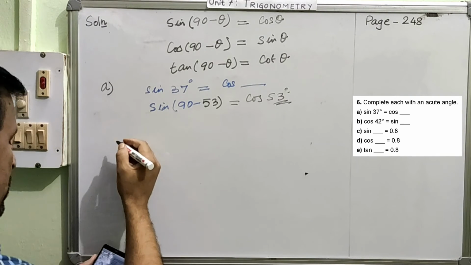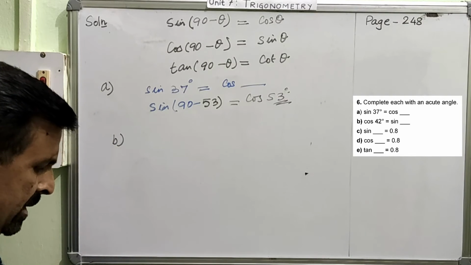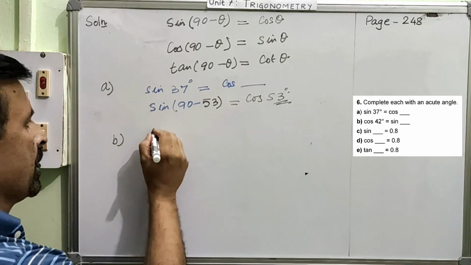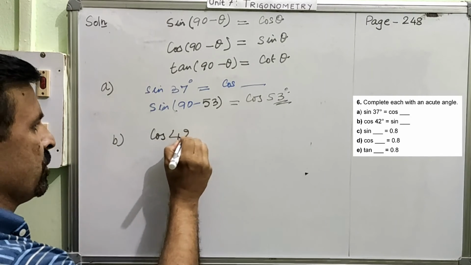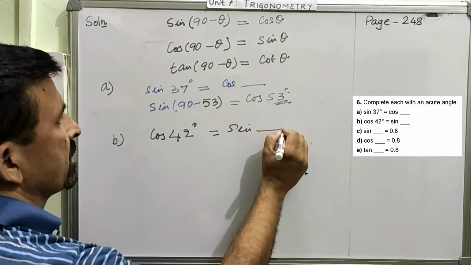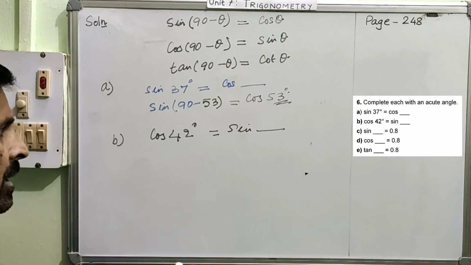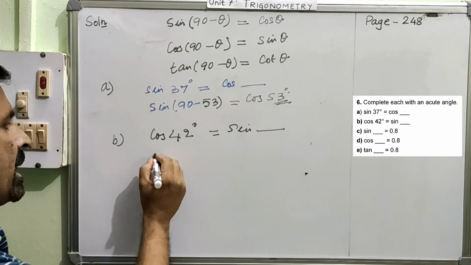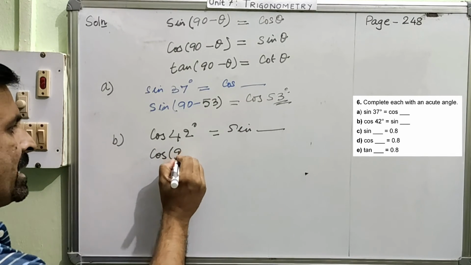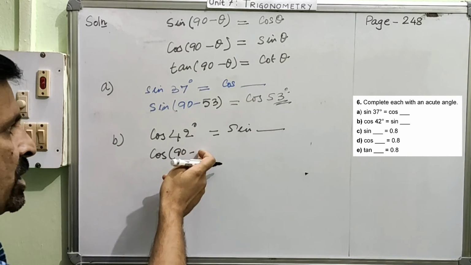Likewise, we have another question, number B. Cos 42 degree is equal to sine what? Here also we will write this angle in a different way in terms of 90 minus. So we will write this as cos of 90 minus how much, so that you get 42.